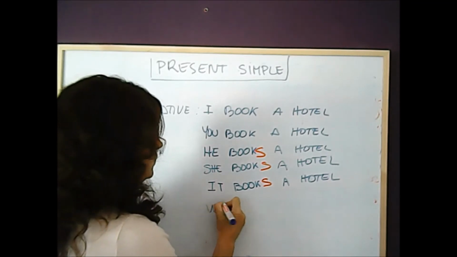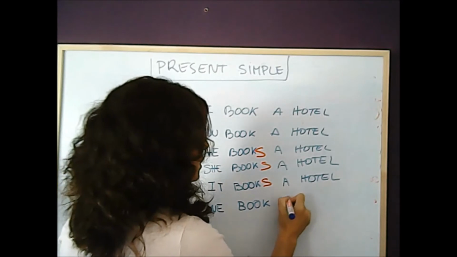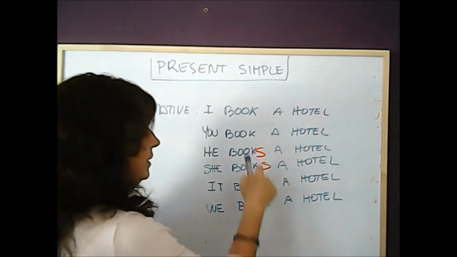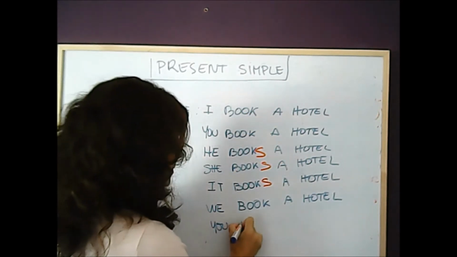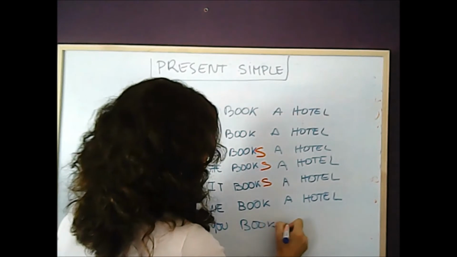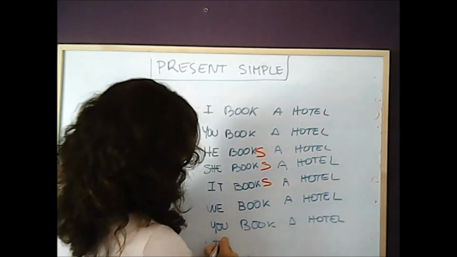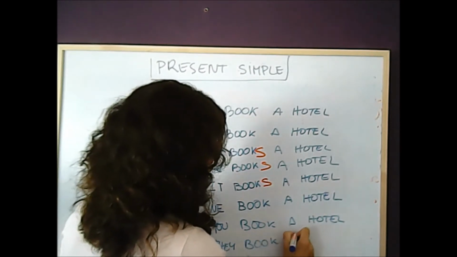We, again, book a hotel. Again, normal. You, vosaltres, book a hotel. And they book a hotel.